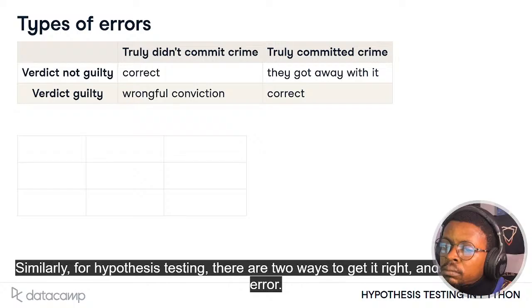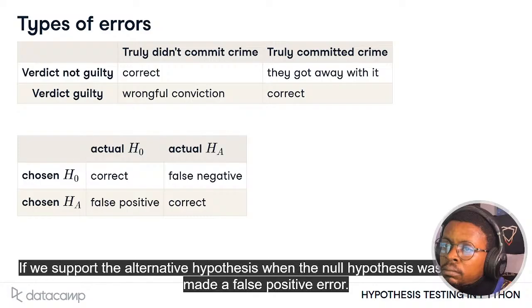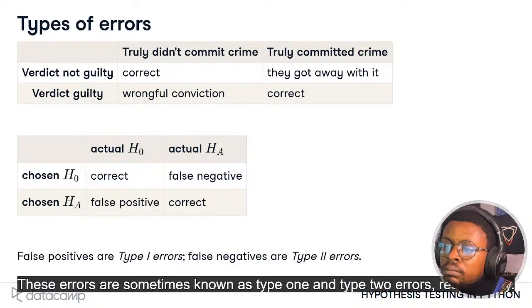Similarly, for hypothesis testing, there are 2 ways to get it right and 2 types of error. If we support the alternative hypothesis when the null hypothesis was correct, we made a false positive error. If we support the null hypothesis when the alternative hypothesis was correct, we made a false negative error. These errors are sometimes known as type 1 and type 2 errors, respectively.